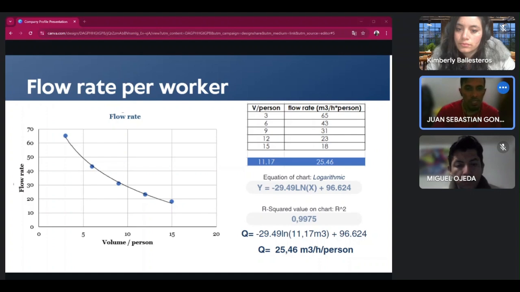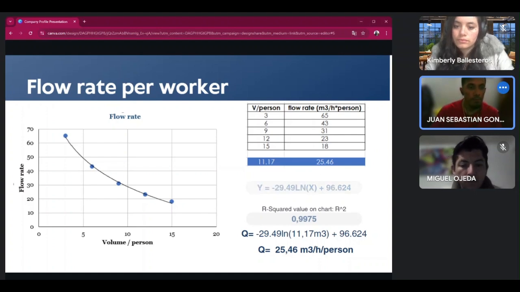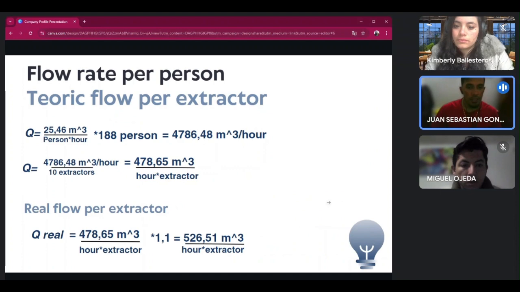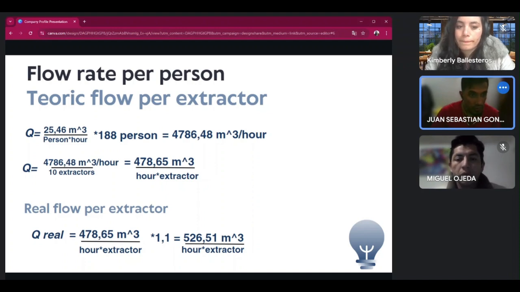Next, please. Then the flow is multiplied by the number of people. This result is divided by the number of extractors, and this is our theoretical flow. This result is 478.65 cubic meters per hour per extractor.